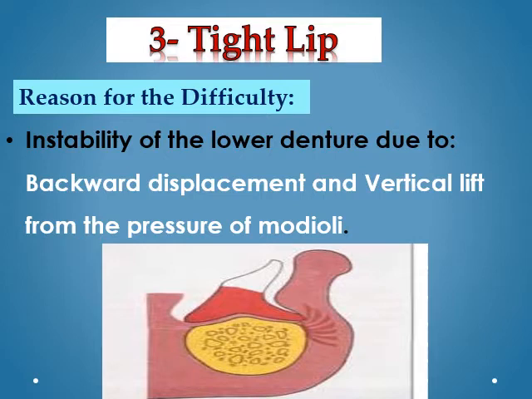Tight lip. Reason for difficulty: instability of the lower denture due to backward displacement and vertical lift from the pressure of the modiolus. هنا ده مشكلة التايت لب تعمل لنا.